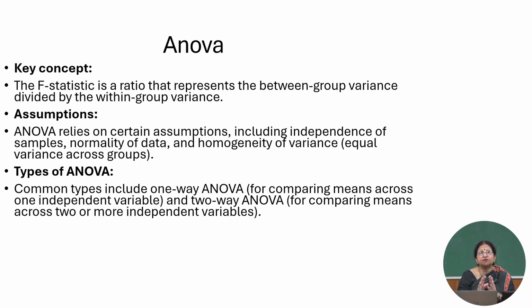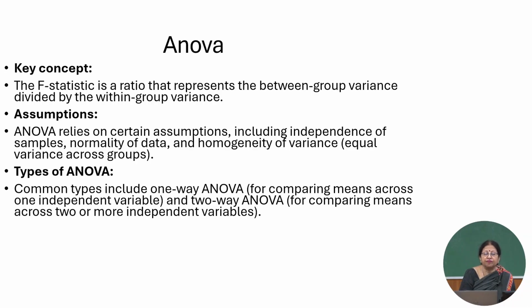So these assumptions are already taken: there is independence within the sample, there is normality of data, it is not spiked, and there is homogeneity of variance. Then only it is applicable.